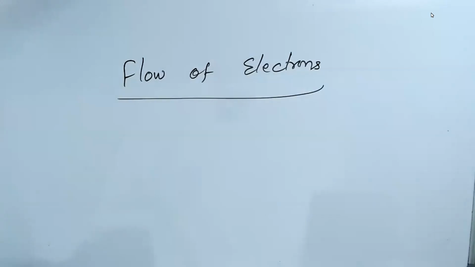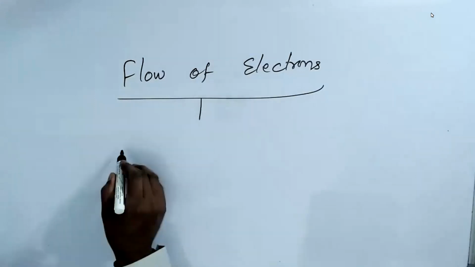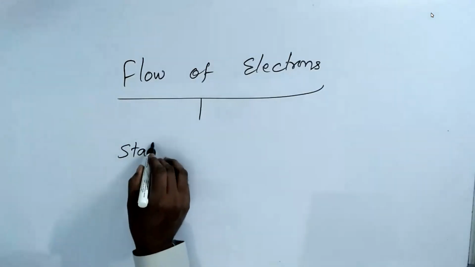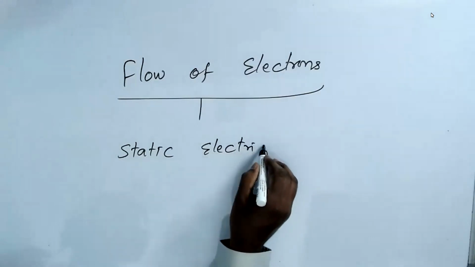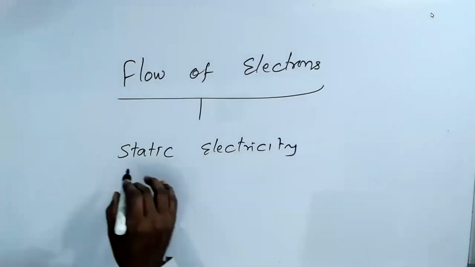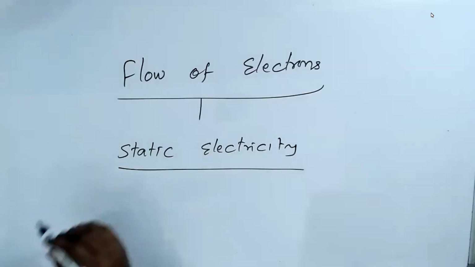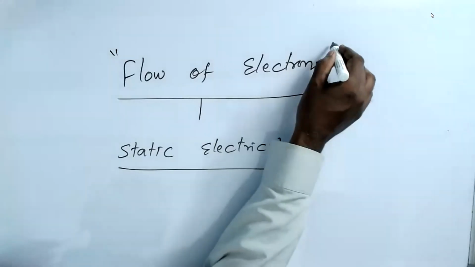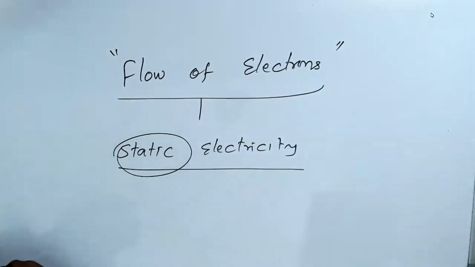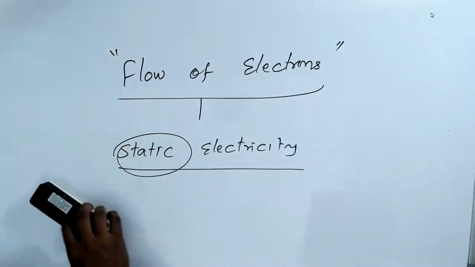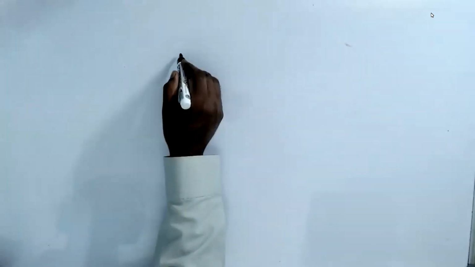But if I ask the next question, what is static electricity? Then we have a problem. Because if you say electricity is flow of electrons, then we have a confusion about what is static electricity. So actually, it's not flow of electrons.